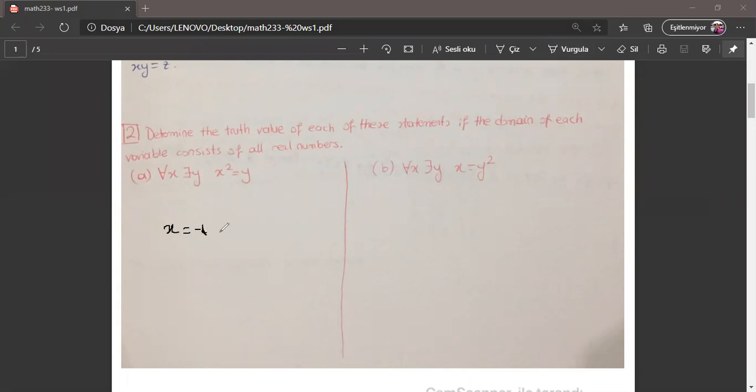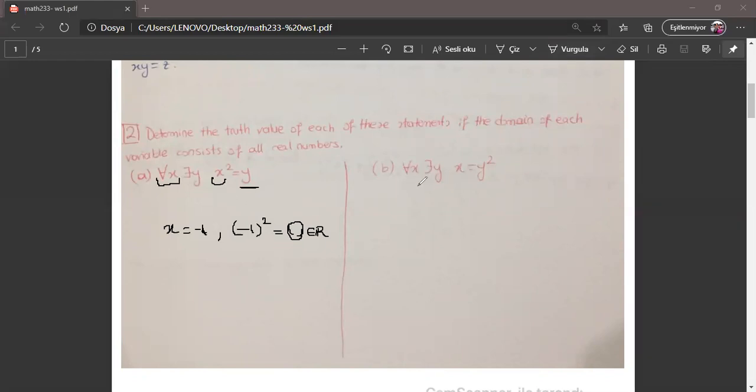Then -1 squared equals 1, which is again some real number. Any of these real numbers, its square will exist and it will be in real numbers, so it is correct.